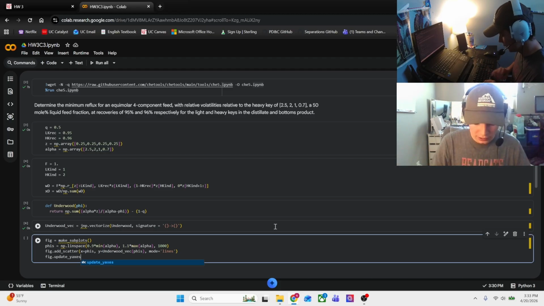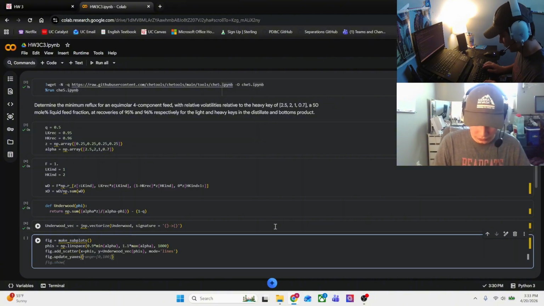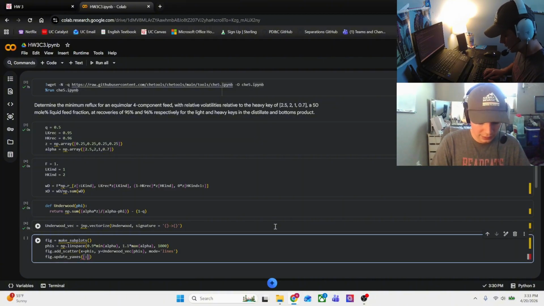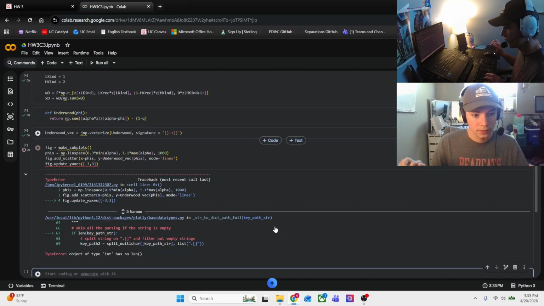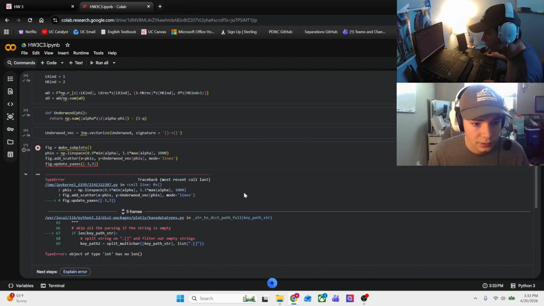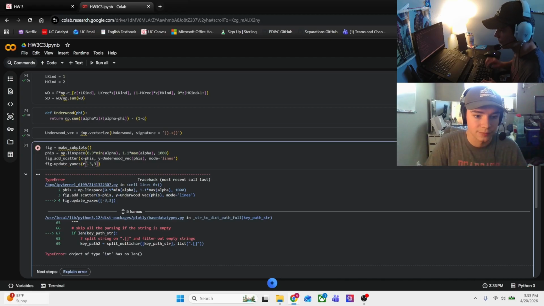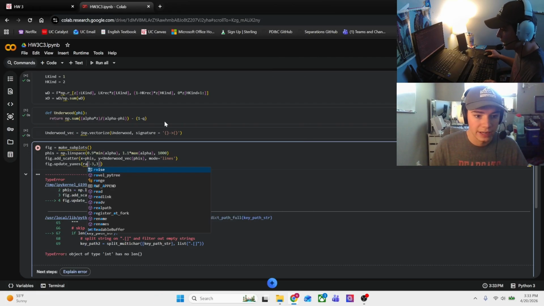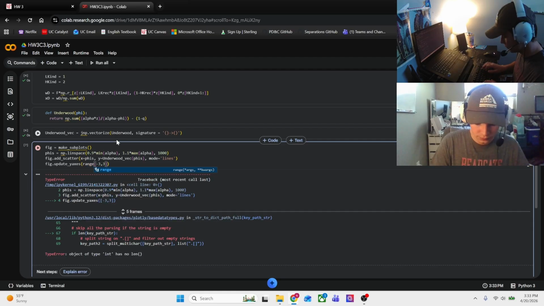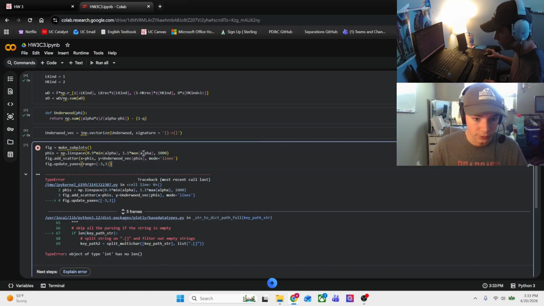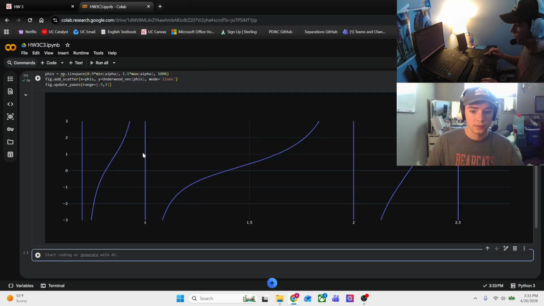So I'm going to go ahead and update y-axis going from -3 to 3. Hold on. Oh, I forgot to put our range equals -3 to 3. Shift enter.